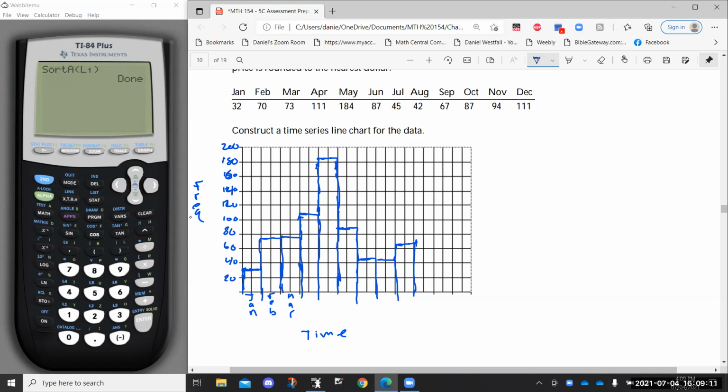Excel can do this perfectly. And again, you're trying to recognize what the right picture looks like in a multiple choice environment. You are not actually being asked to graph these perfectly by hand yet. 111 is back up in this range.